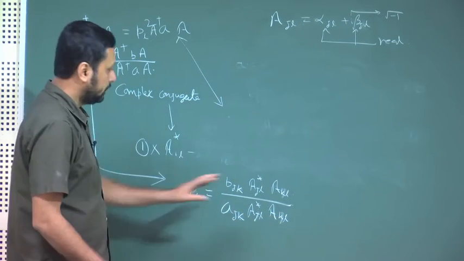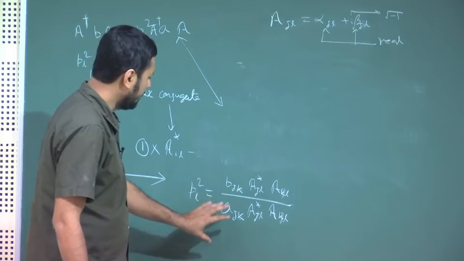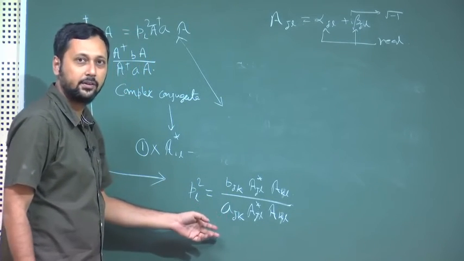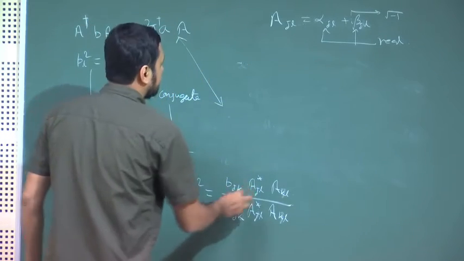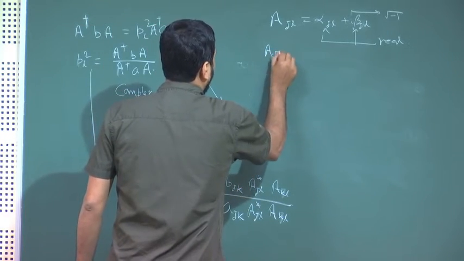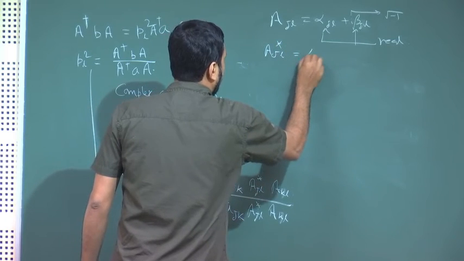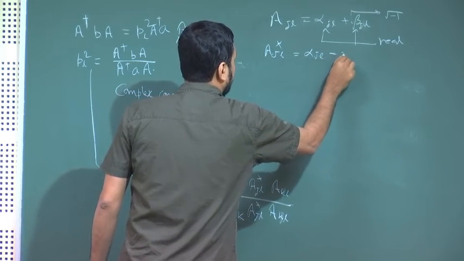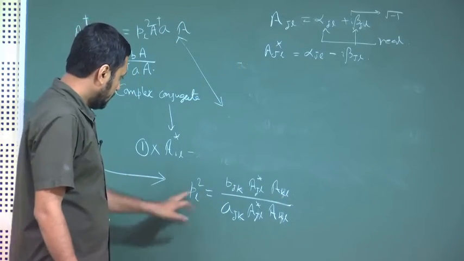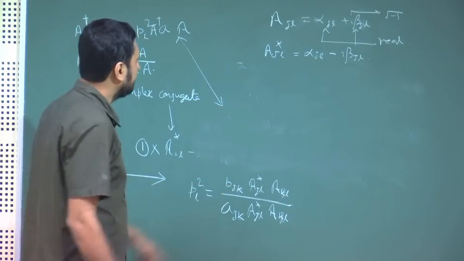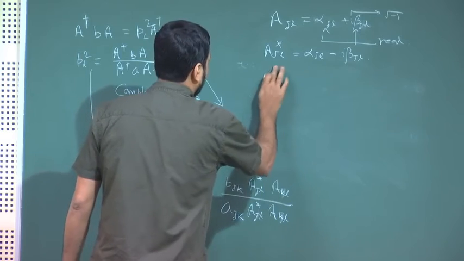This is totally valid, because these indices are dummy indices, we are free to change them. So, A j l star will be alpha j l minus I beta j l. Similarly, we can write A k l.